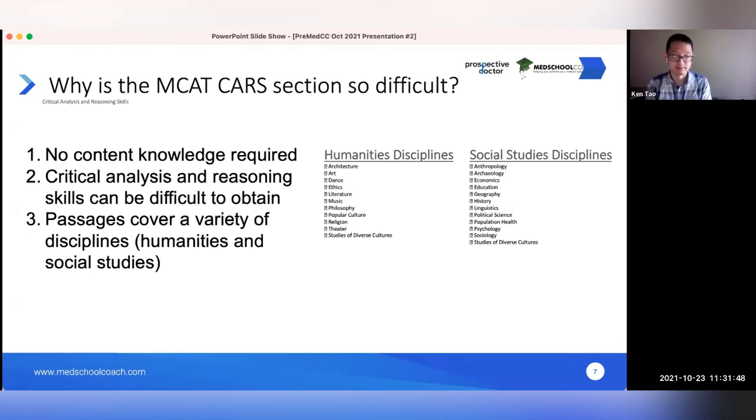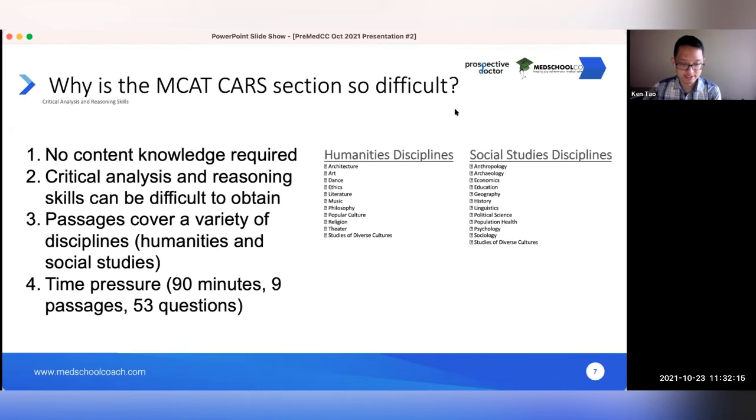So a simple way that people often say is just read the news, right? Read the news regularly. That can be a good way of just reading regularly. Or better yet would be to read novels, right? So if you read novels, obviously not children's novels, but novels with higher levels of language, that can help you a lot with the CARS section later on.